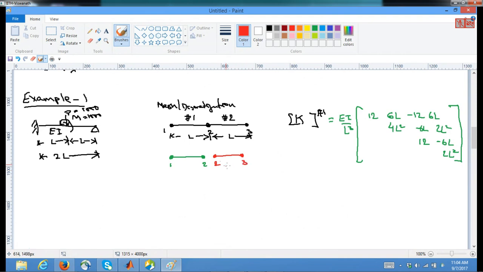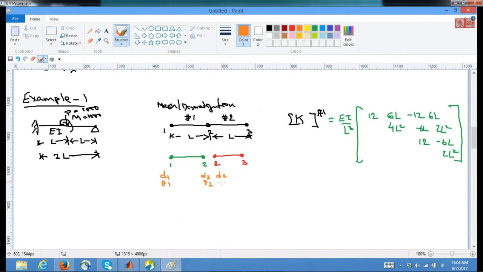The degrees of freedom on each of them would be d1 theta 1, d2 theta 2.